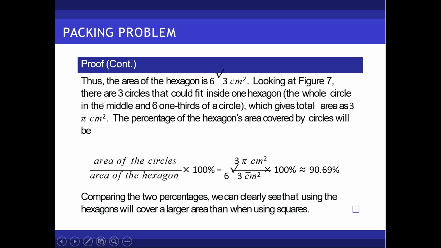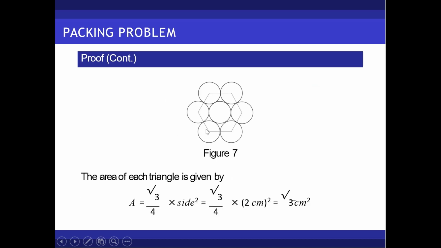Looking at figure 7, there are 3 circles that could fit inside one hexagon: the whole circle in the middle and 6 one-thirds of a circle. We know that the interior angle of the hexagon is 120 degrees, so we can only get the 1/3 part of the circle.